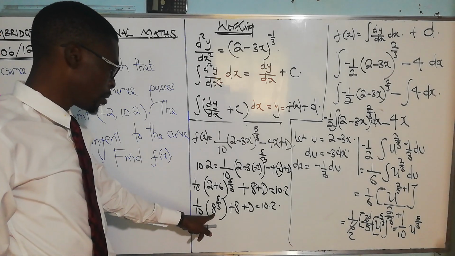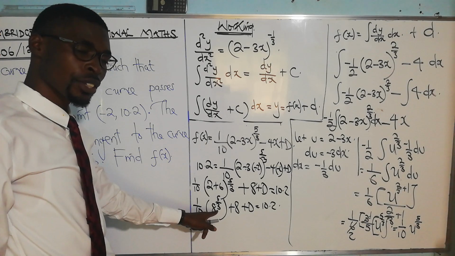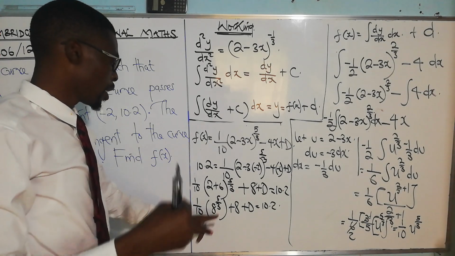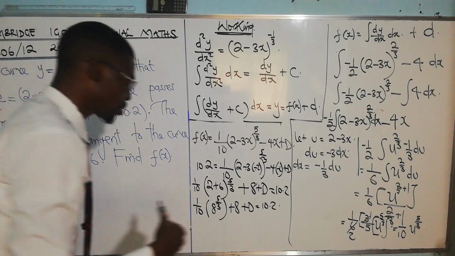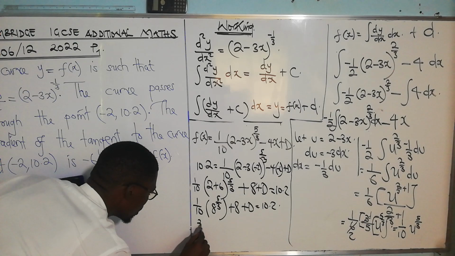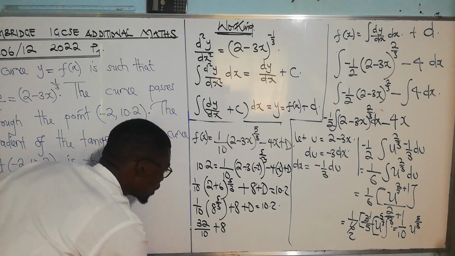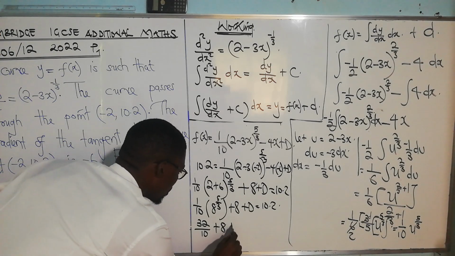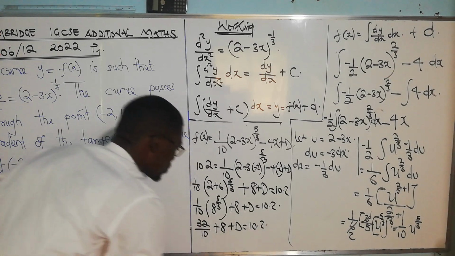This one is the same as the cube root of 8 raised to power 5. Cube root of 8 is 2, 2 to the power 5 gives us 32. So this will be 32 over 10 plus 8, then plus d is equal to 10.2.